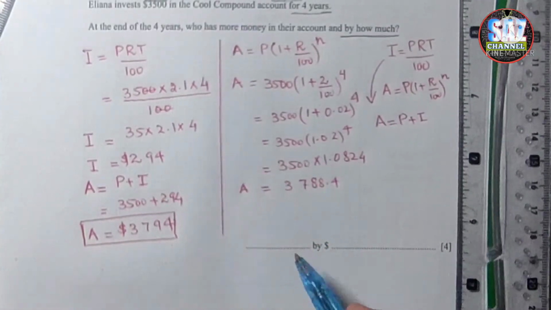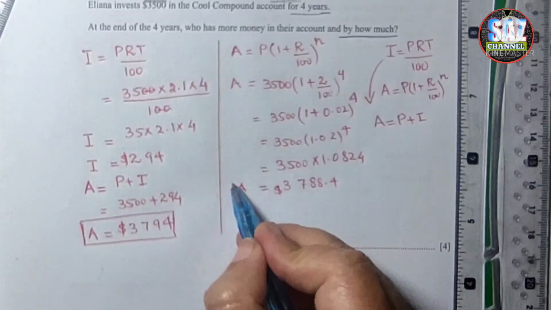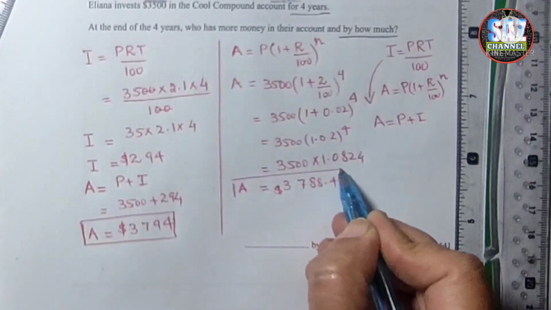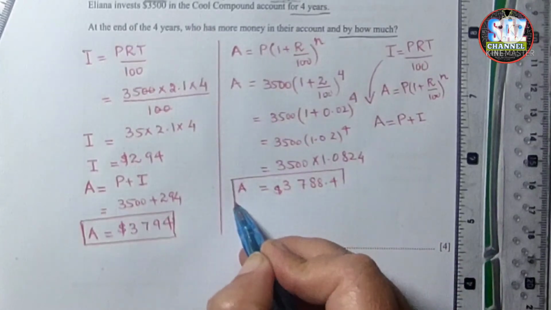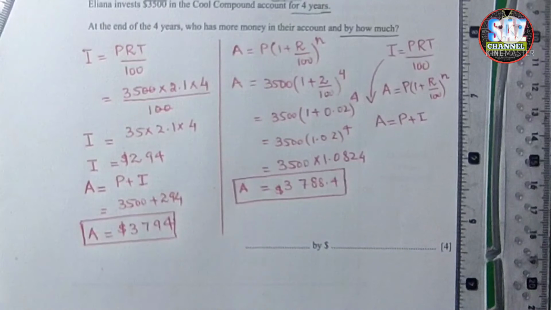This is the money that Alina will have at the end of 4 years if she is keeping the money with the compound interest plan.